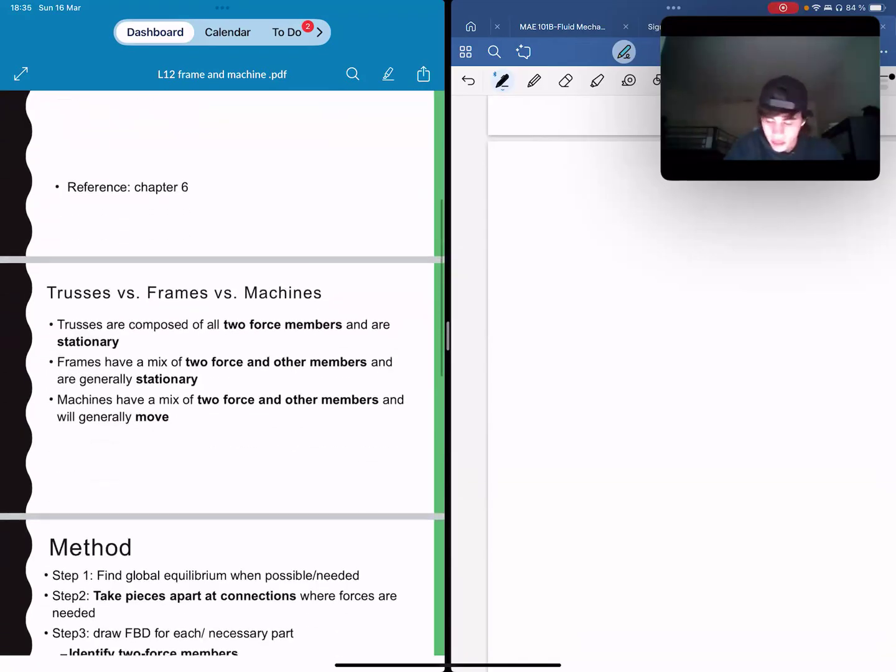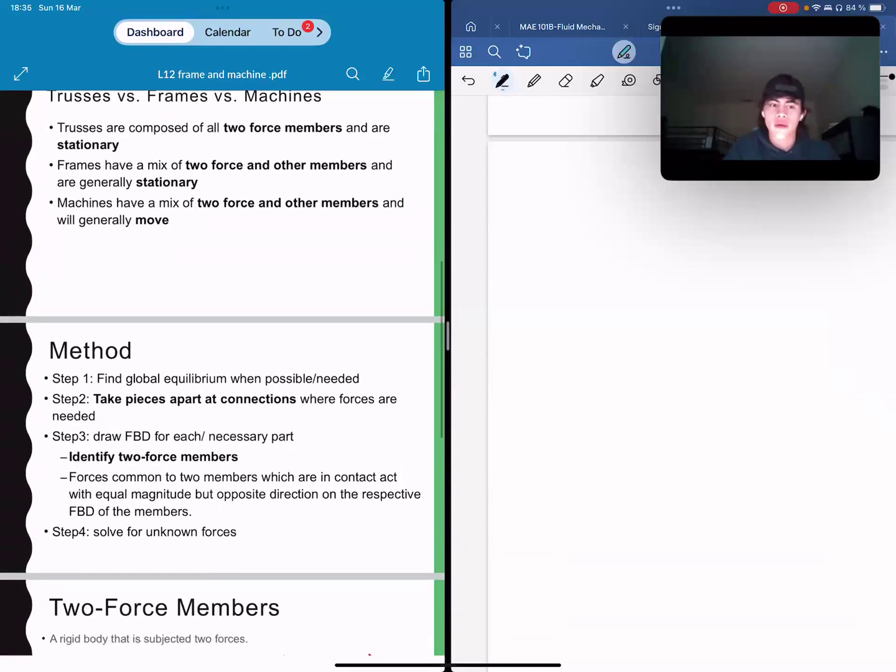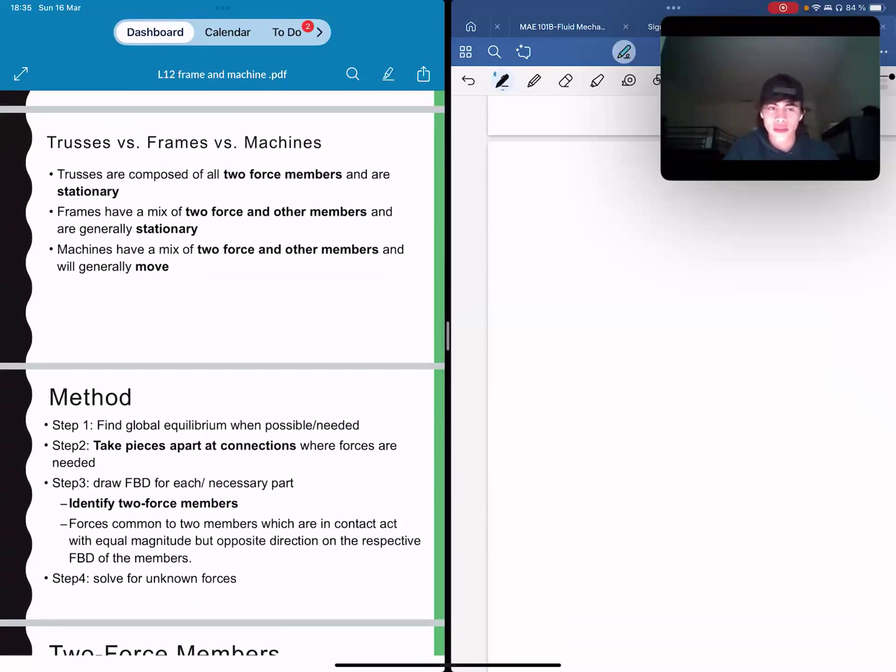Important to understand is the difference between trusses, frames, and machines. Trusses, yeah, I forgot, we haven't mentioned it yet. Trusses are composed of all two-force members and are stationary, so trusses don't move at all. Rigid static bodies.